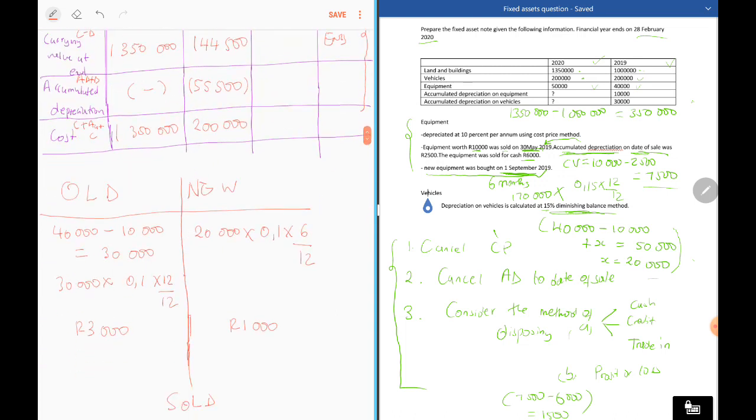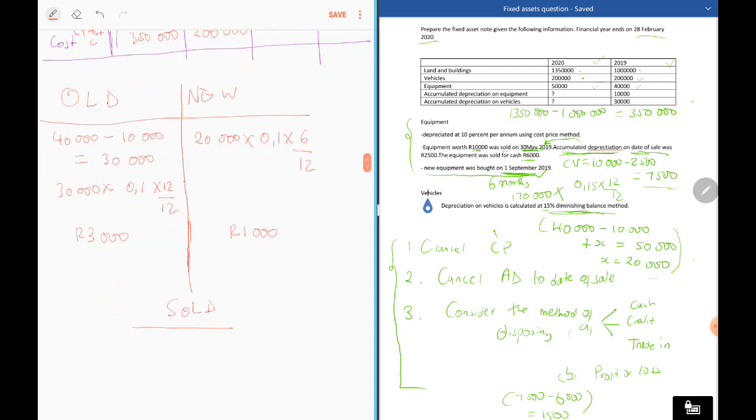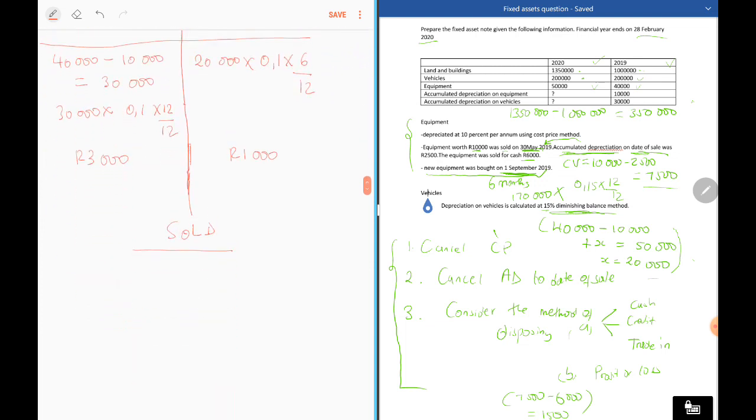Even if it's sold, we incurred a depreciation expense. So what we have to do is count how many months this asset was in the business. February, March, April, May. That's 4 months, right? Cost price is 10,000 multiplied by 0.1 times 4/12.